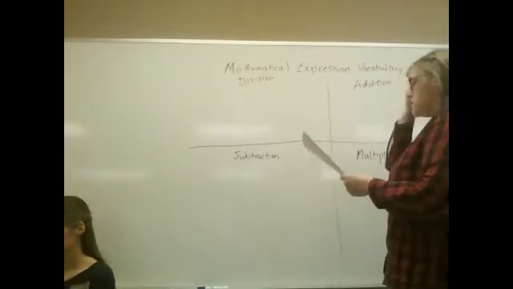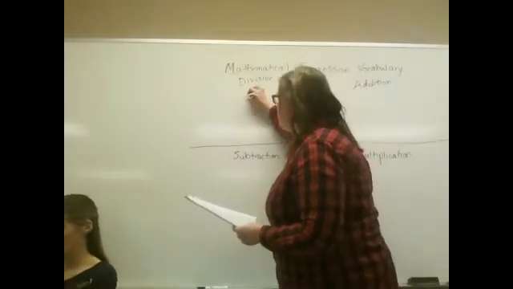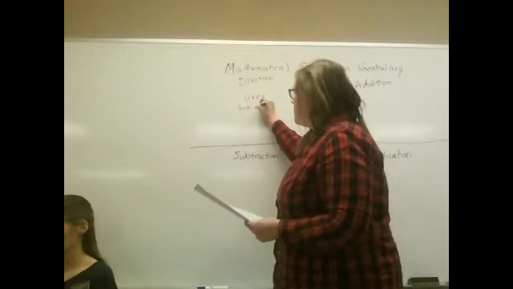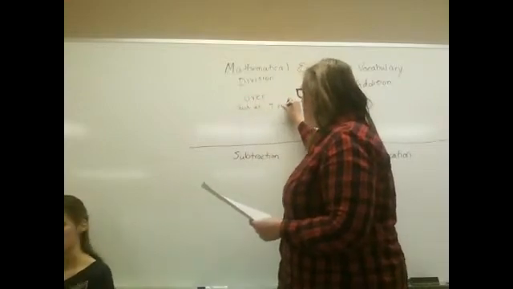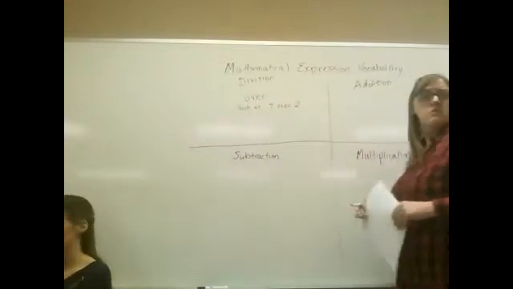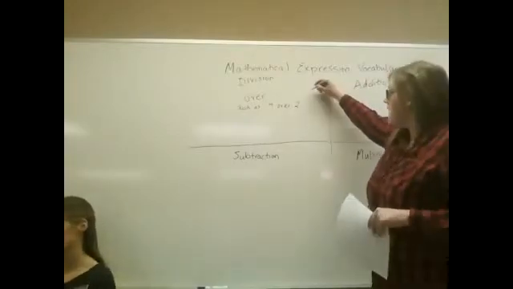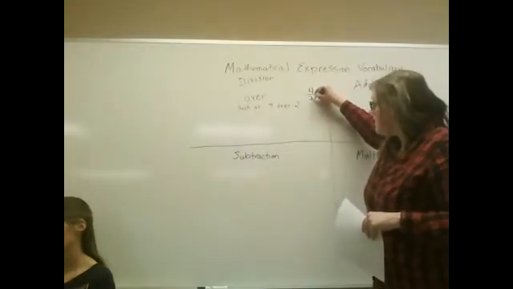So some common words used for division are over, such as 4 over 2. So if you want to divide 4 divided by 2, a lot of times people will say 4 over 2. And that's because when you write it as a fraction, it looks like this.